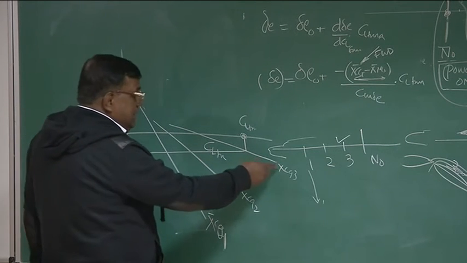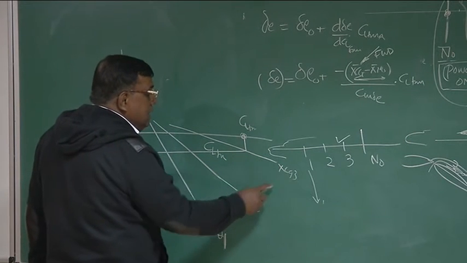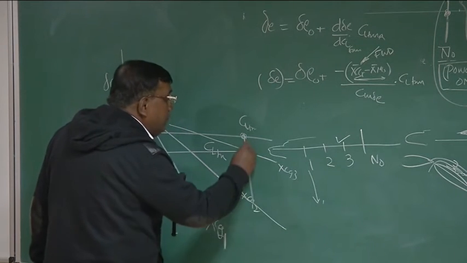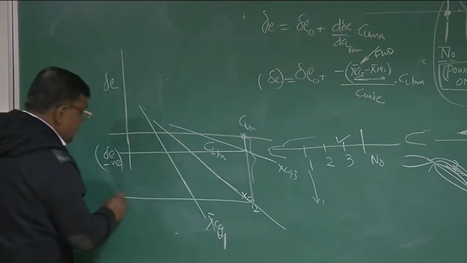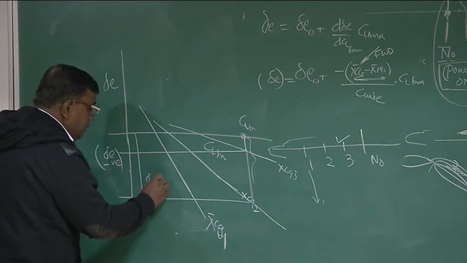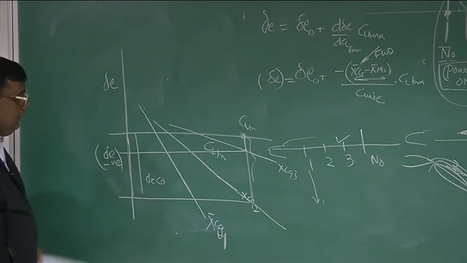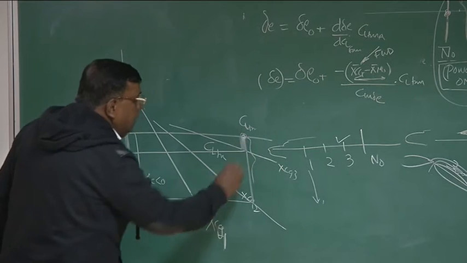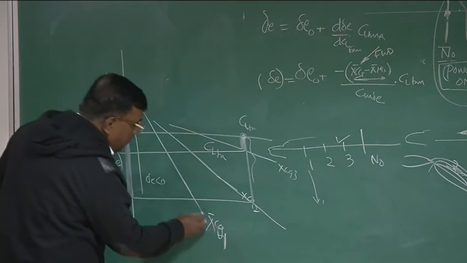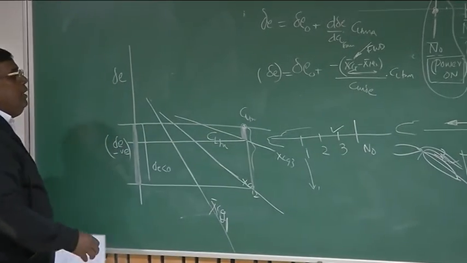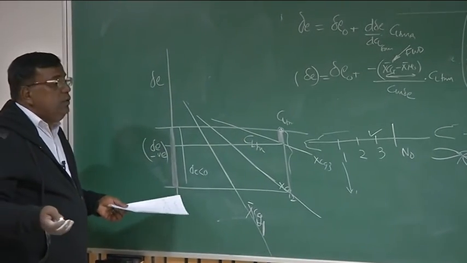But if I change the CG from CG3 to CG2, and the stability has changed, you see now I require from here to here this much of delta E, which is again negative, right? This much. It is much more compared to this value. What will happen for this case, if I draw it like this, the value will be exceptionally high. So what is the meaning?